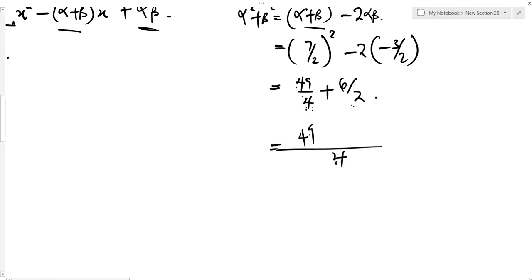Now 4 divided by 2 gives you 2, 2 times 6 is 12. So this will be 49 plus 12 will give me 61 over 4. So this is the answer for that.